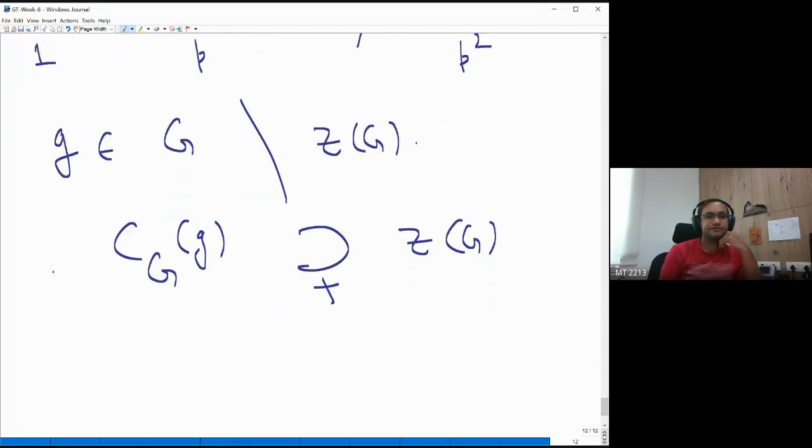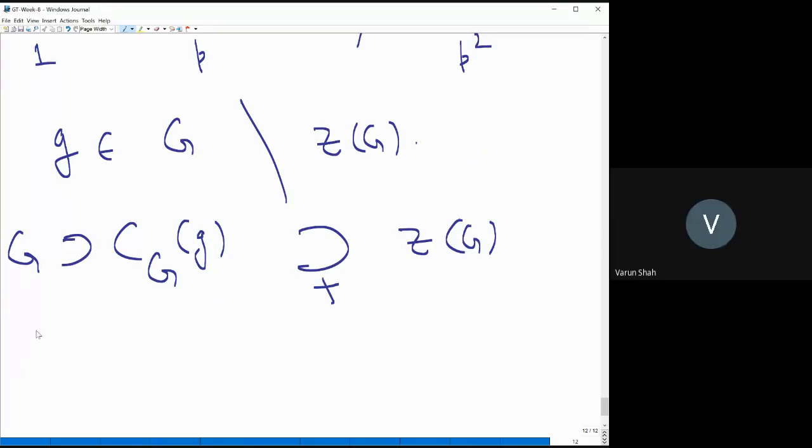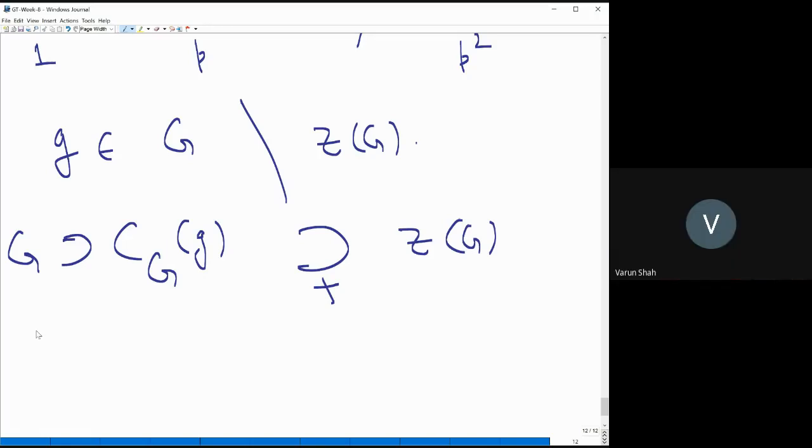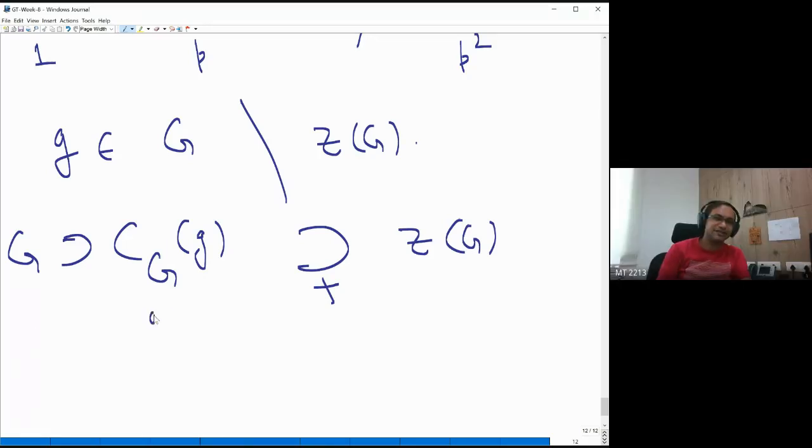Why? Because if they are equal, then g will be in the center. But g belongs to the centralizer, and g is not supposed to be in the center by our assumption.